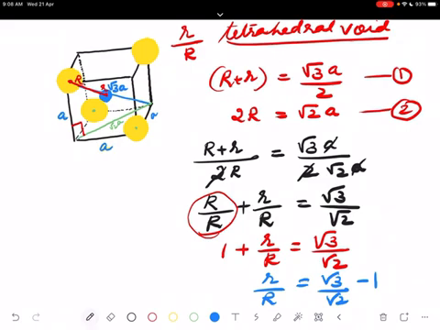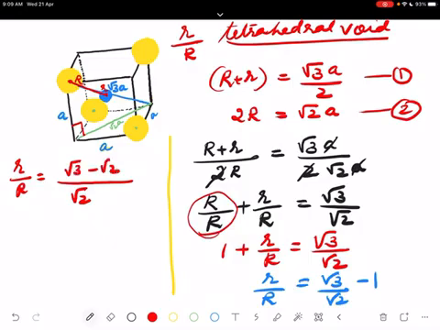You can solve the right hand side by taking the LCM. What is the LCM? It is root 2, and root 3 minus root 2 on the numerator.